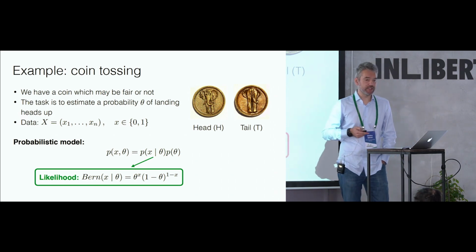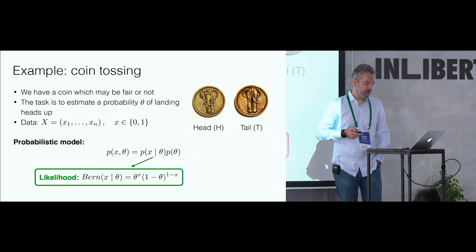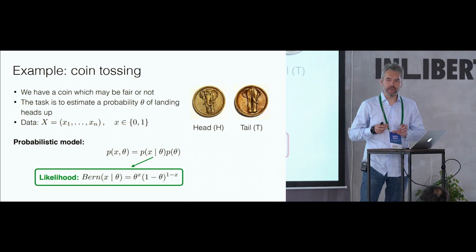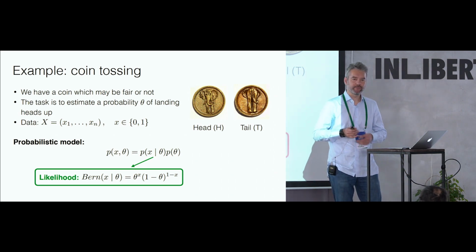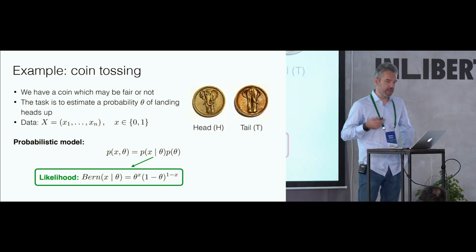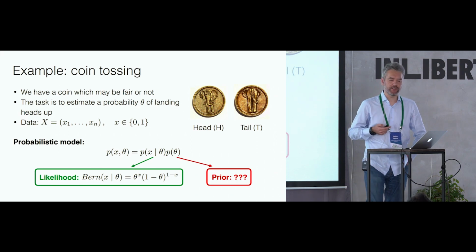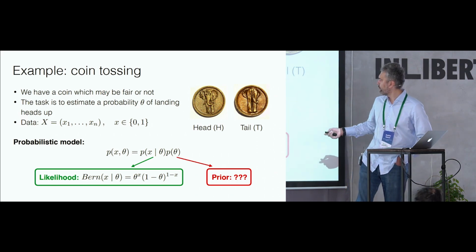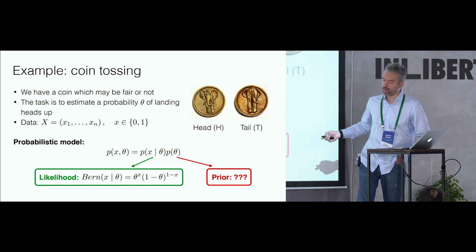Okay, so now the question is, what should be our prior if we want to operate in terms of conditional distributions, if we want to be sure that we'll be able to perform full Bayesian inference? To do that, we need to establish a prior distribution which belongs to the conjugate family to this Bernoulli distribution.